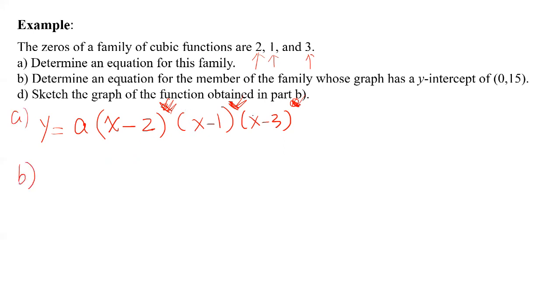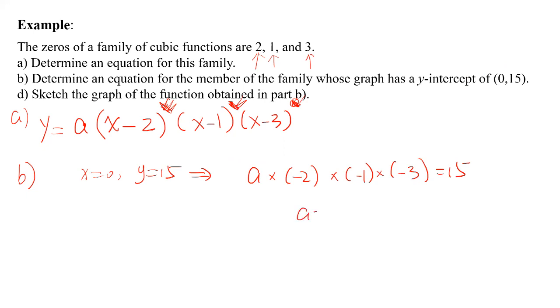And then we know that this function passes through the point (0, 15). So when x is 0, y is 15. This gives a chance to solve for a. When x is 0, that means a times -2 times -1 times -3 is 15.